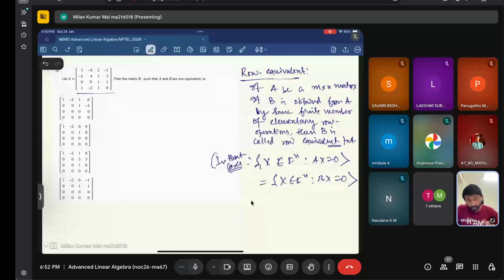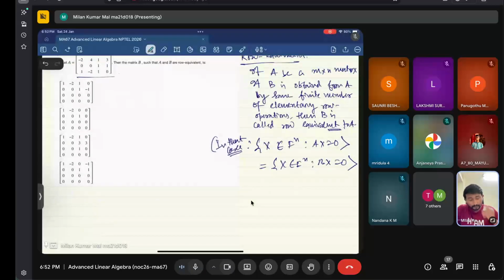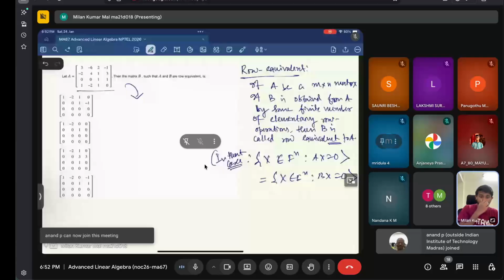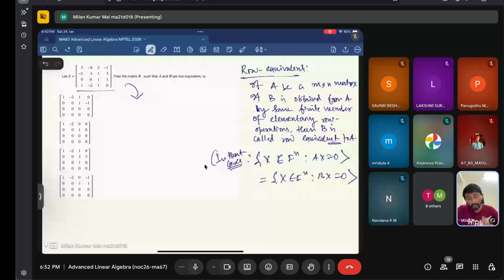So let's start with this matrix. This is the matrix we are given. As we have said, we can do the row reduction process, and one of the steps is that you can interchange rows. Why am I saying interchange rows? Because sometimes the first entry is not 1 in this matrix.